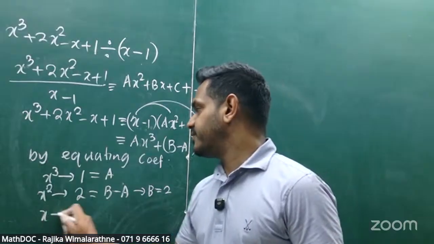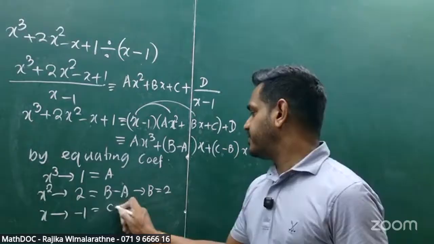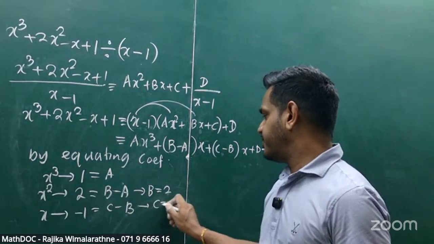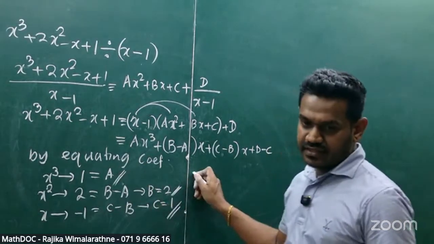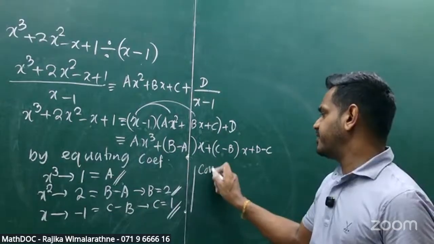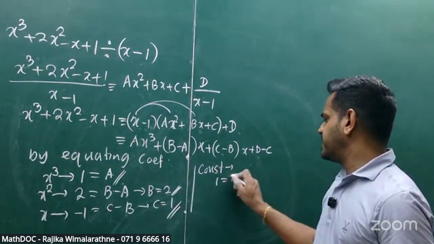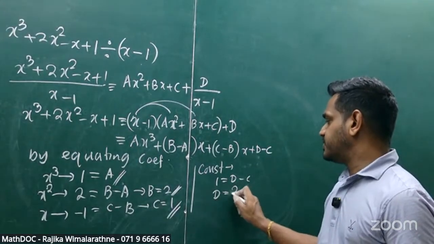Then x, here minus 1, here c minus b. Then b equals 3, then c equals 2. Then equate the constant. Here 1, here d minus c. Then c value 2, then d value is 3.